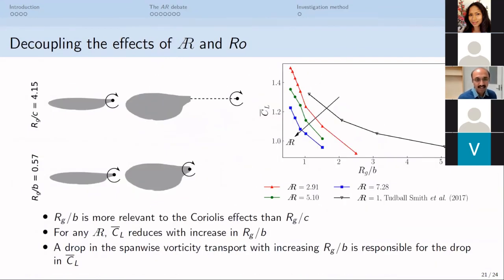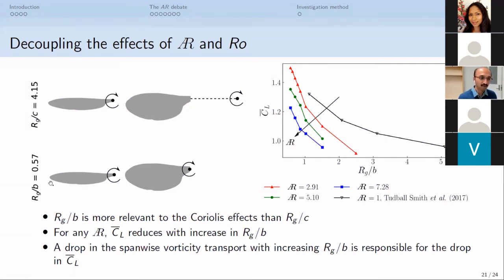And the reason behind that is, if we have to maintain a constant R_G on C, then when we change the aspect ratio, the chord is actually changed. So if we increase the chord, we have to increase R_G as well. That means we have to move the wing away from its rotation axis. And that actually affects the Coriolis acceleration, and therefore it has a different vortex structure.